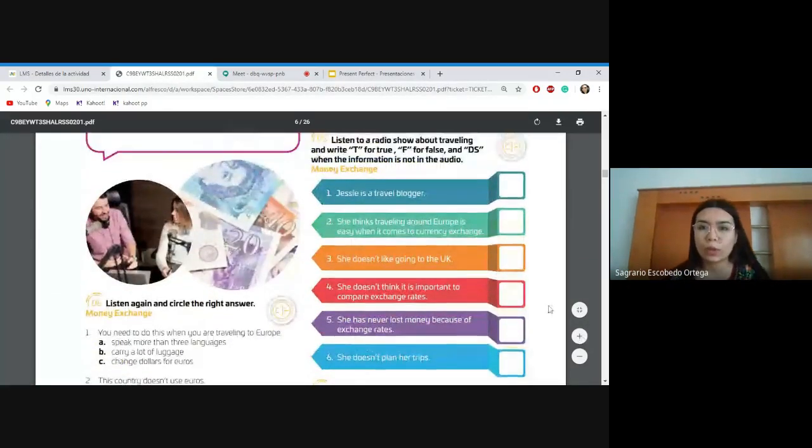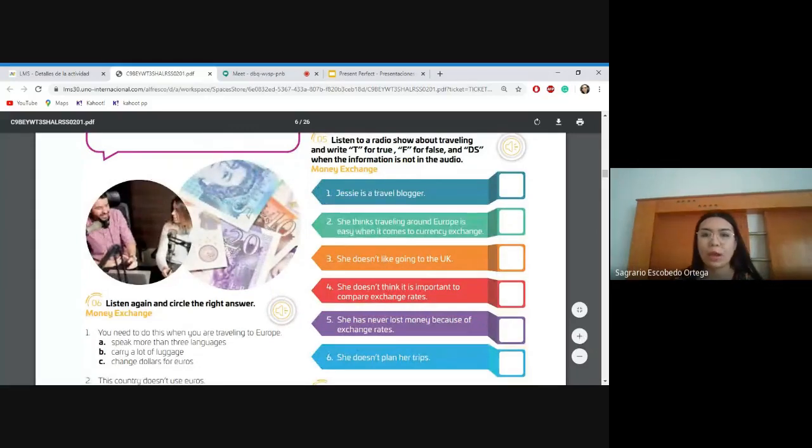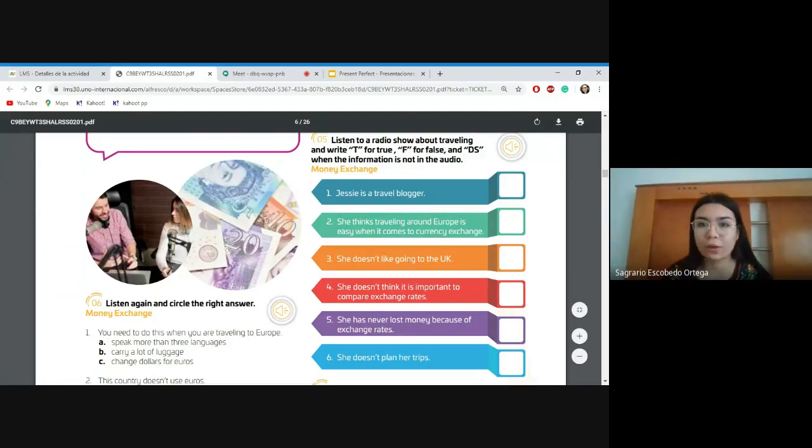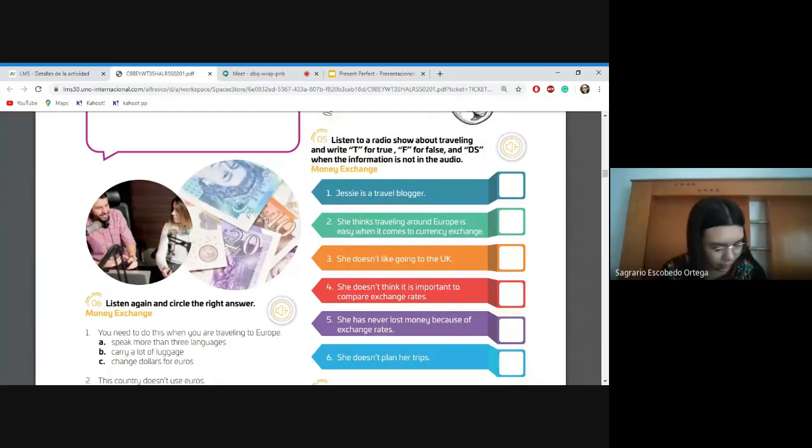Listen to a radio show about traveling and write T for true or F for false, and DS when the information is not in the audio. Okay? So, the Bluetooth device is connected successfully: T, F, or DS. Okay?